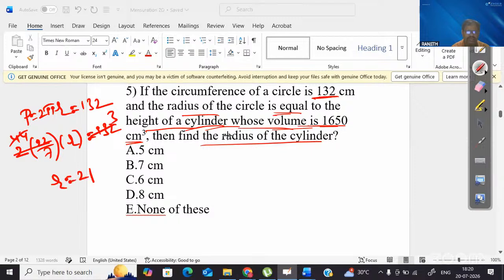Now we need to find the radius of the cylinder. Volume of cylinder is equal to pi r square h.